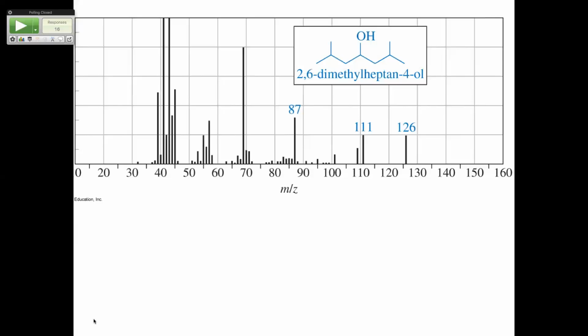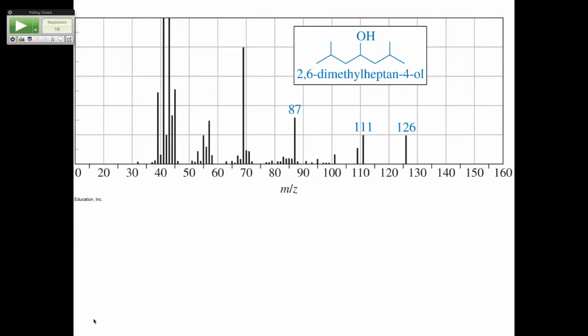Wow, what's 126? What do alcohols like to lose? Water. What's 144 minus 18? 126.